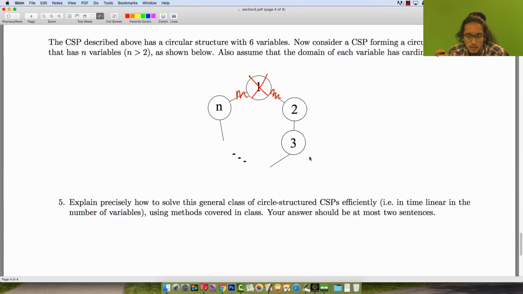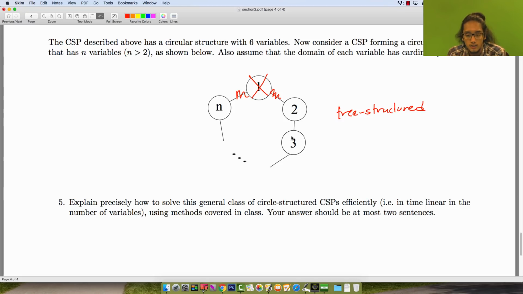In particular, this also means that it's a tree structured CSP. So this CSP which you have now is tree structured. And we know a very efficient way of solving tree structured CSPs, which is by using arc consistency. So suppose we just ran arc consistency on the rest of this graph, everything from 2 through n.